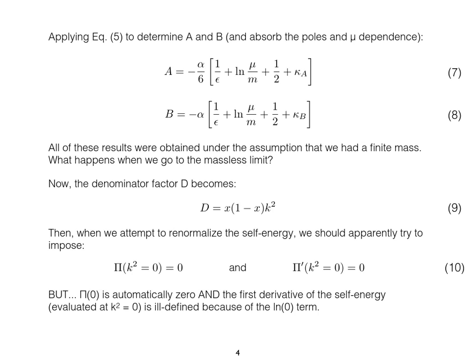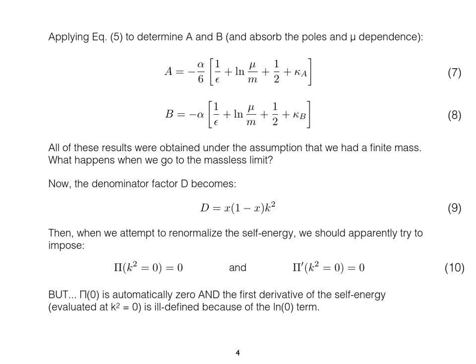Well, that's gone now. So when we take our expression that we computed for the self-energy and we want to renormalize it, we want to apply those same conditions. But now k squared is not m squared, because m squared is 0. So now I'm setting k squared to 0 in both the self-energy and its derivative.